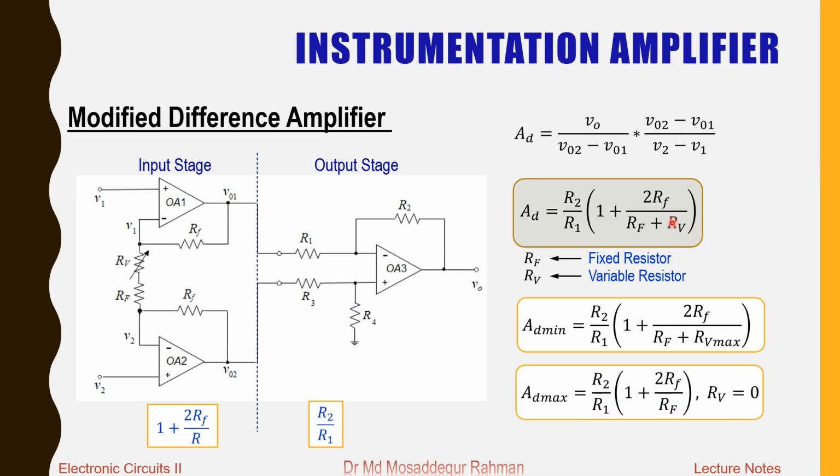Let's say you have a 10K pot, so when the resistance is 10K, resistance is maximum and the gain will be minimum. So that we express like this, the minimum differential gain. And the gain will be maximum when your variable resistance Rv is 0, and that we express like this, the maximum differential gain is this with Rv 0.